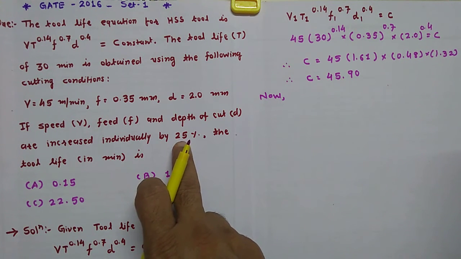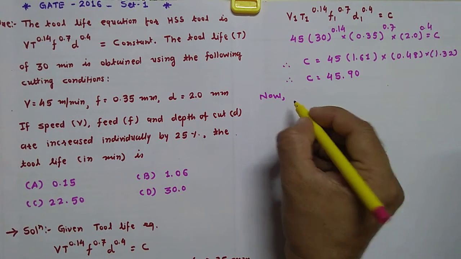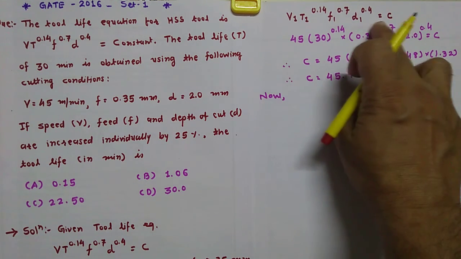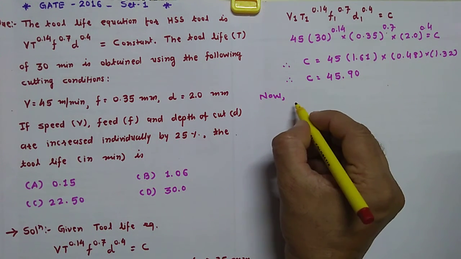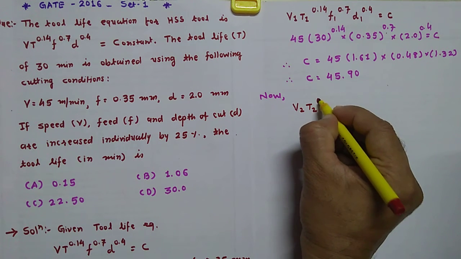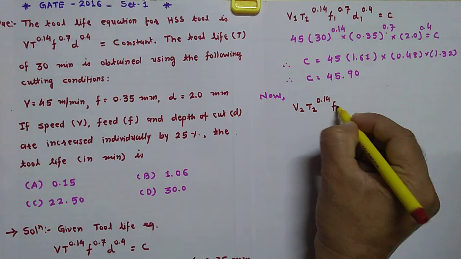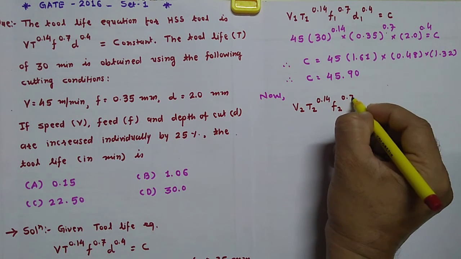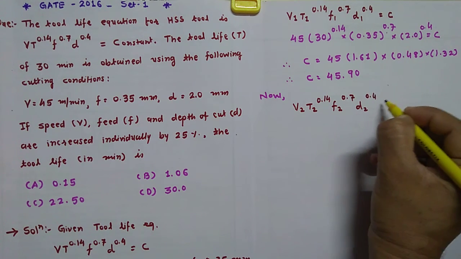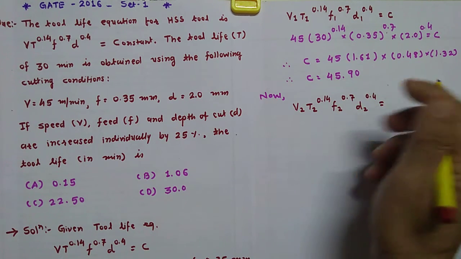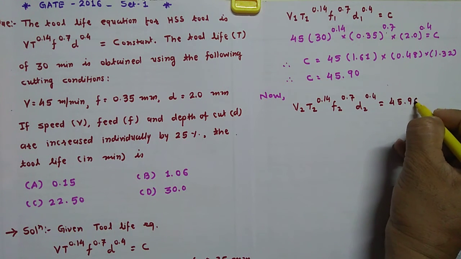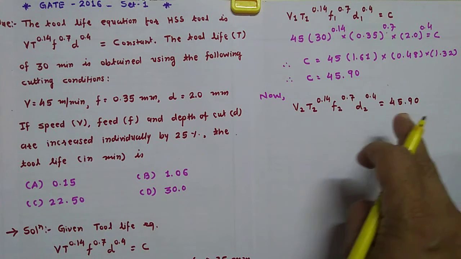So we can write like this, for condition number 2: V2 T2^0.14 F2^0.7 D2^0.4 is equal to the constant 45.90, which we have already calculated.